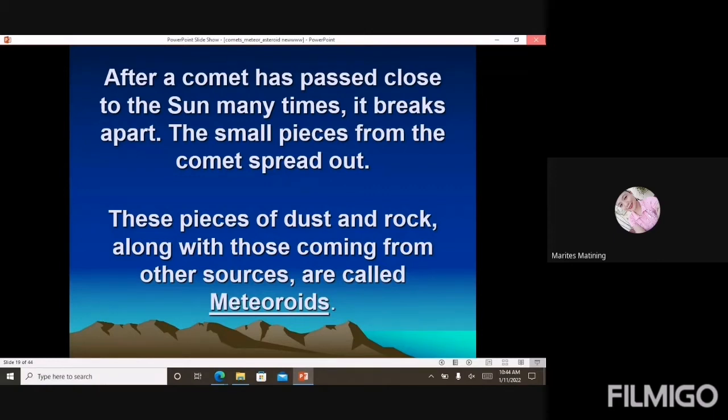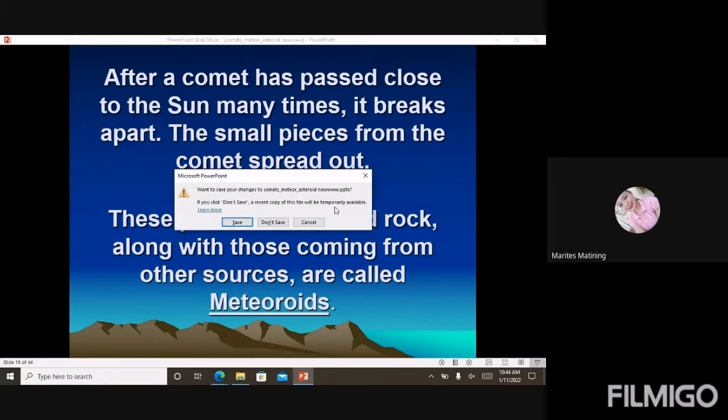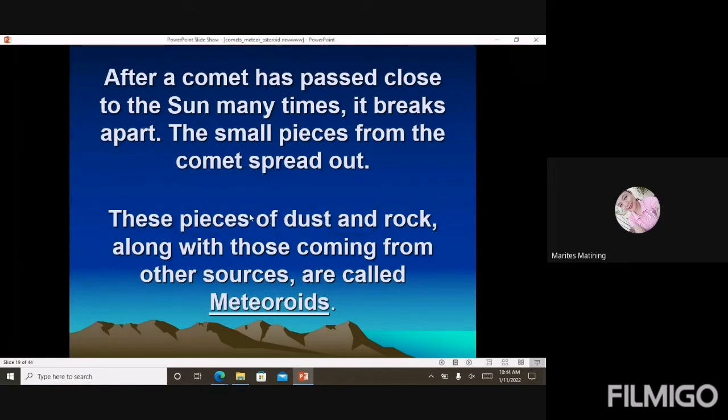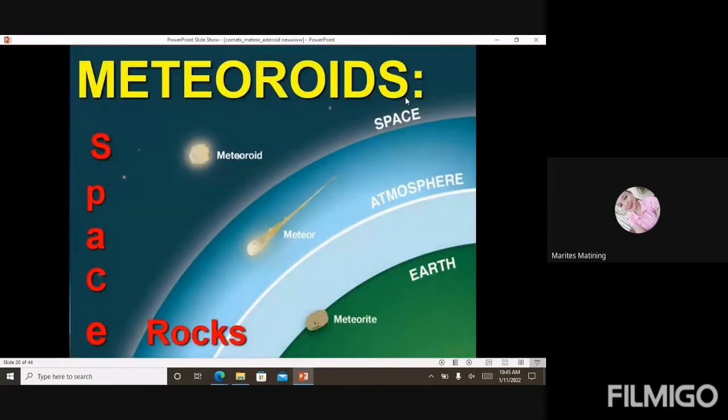The small pieces from the comet spread out. These pieces of dust and rocks, along with those coming from other sources, are called meteoroids. Okay, so some meteoroids came from the worn out parts of the comets. Okay. So, meteoroids, these are the so-called space rocks.